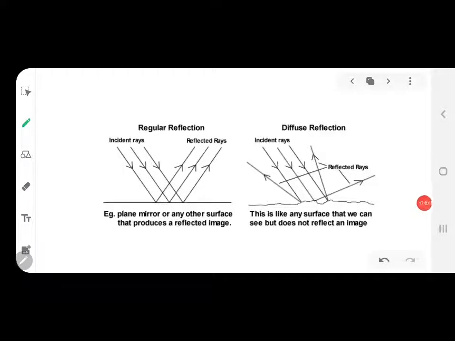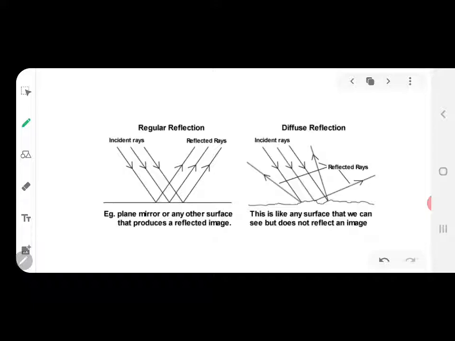But if the surface from which light is reflected is not smooth or polished, most of the energy gets absorbed by that surface. That type of reflection is called diffuse reflection or irregular reflection. Actually, most of the reflection taking place around us is diffuse reflection.